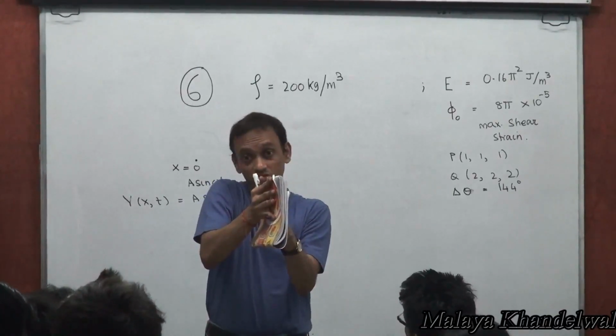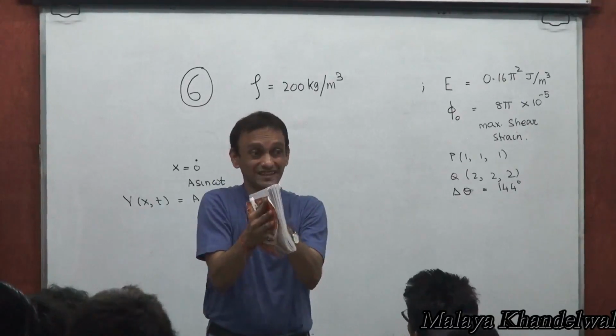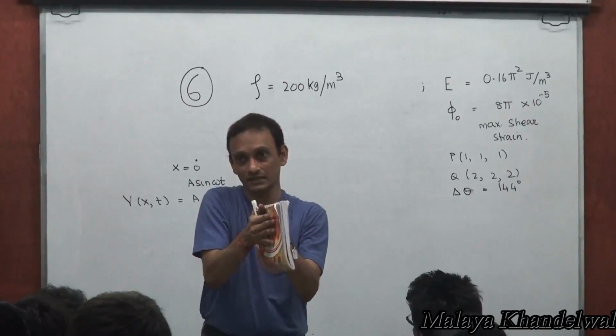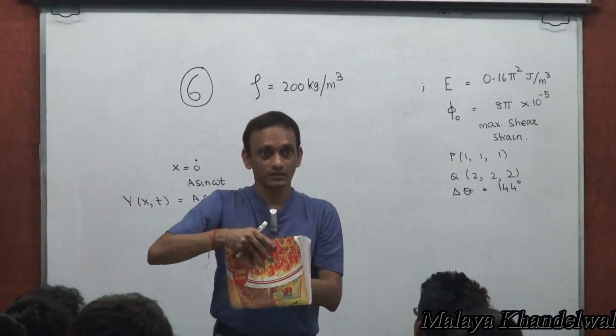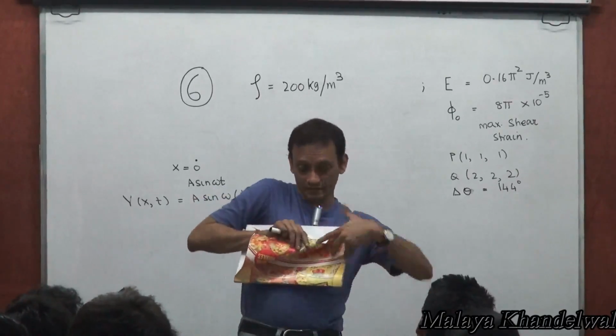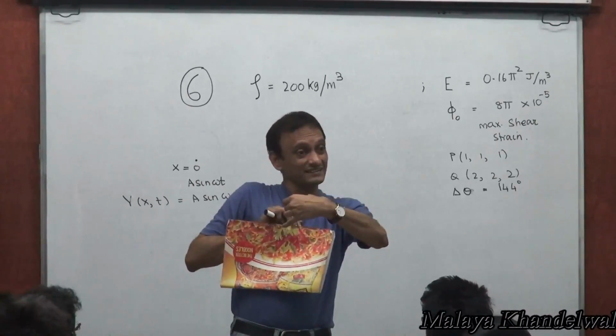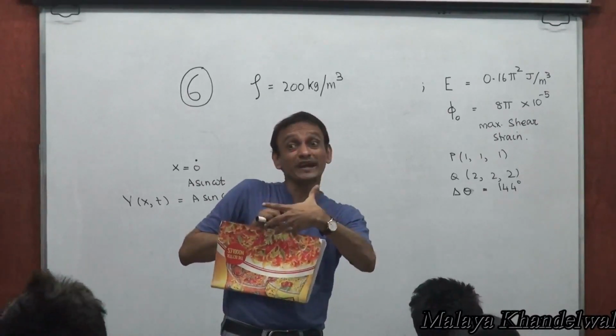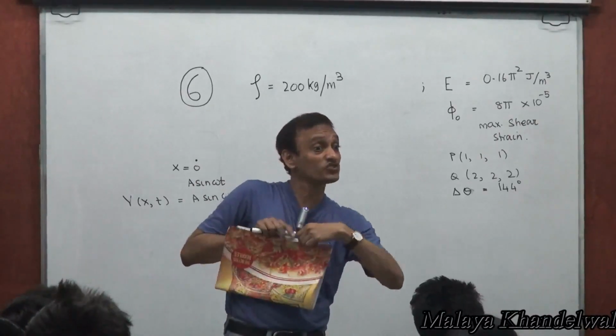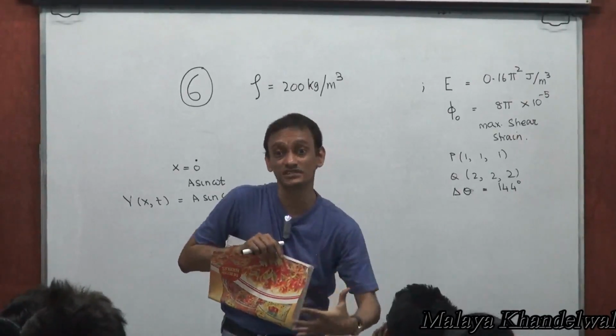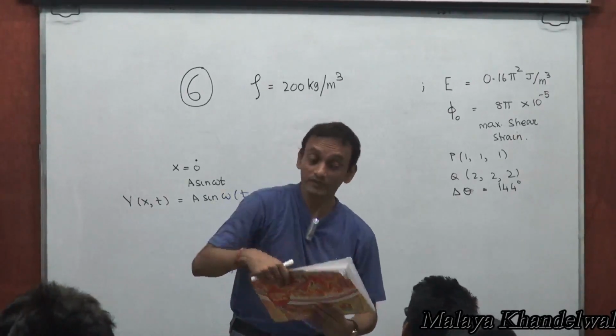So the shape changes. Do you realize that? That's shearing. Shearing can lead to tearing. I will not tear this. If I do this, then that's tear. When you rip it apart, actually you are exerting a shear stress. A shear will tear, right?